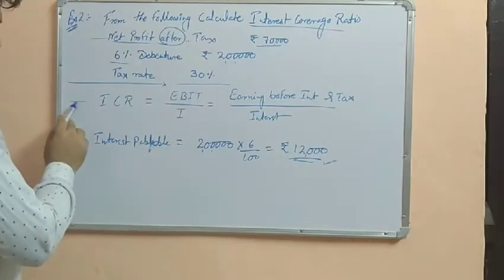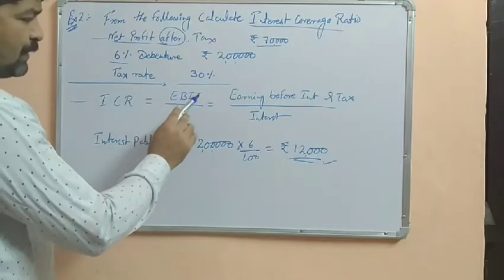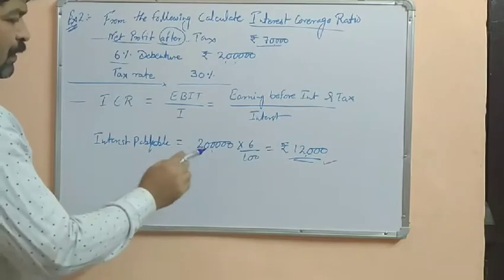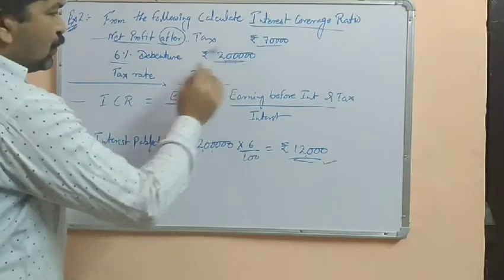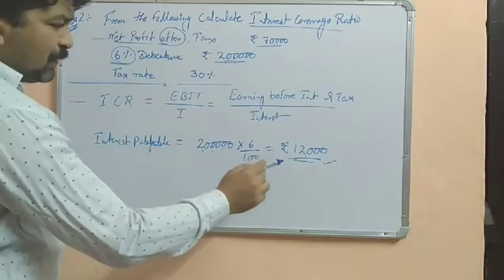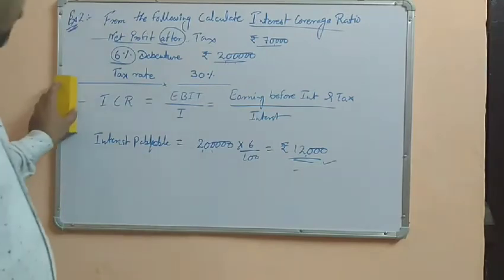The formula for ICR is interest coverage ratio equals earning before interest and tax divided by interest. Interest payable is on 2 lakh, 6% is the rate. So 2 lakh at 6% we counted, we got 12,000 rupees. Okay. Next, after this we will see the solution further.